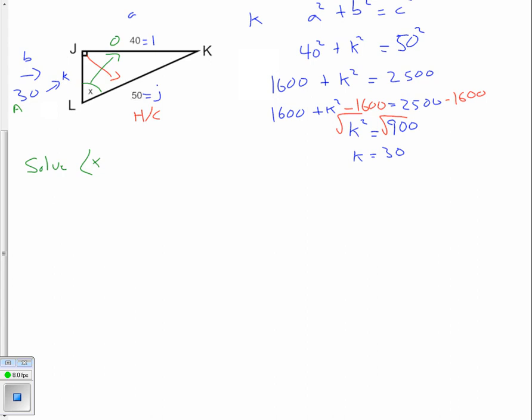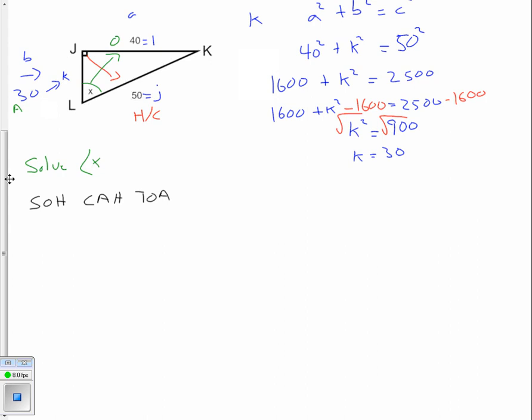The adjacent is 30. Okay, so we can choose any one of the trig ratios because we have all three of them. Because we have the length of all three sides, we can actually use any one of the three trig ratios. If I wanted to show that, I could do SOH CAH TOA.